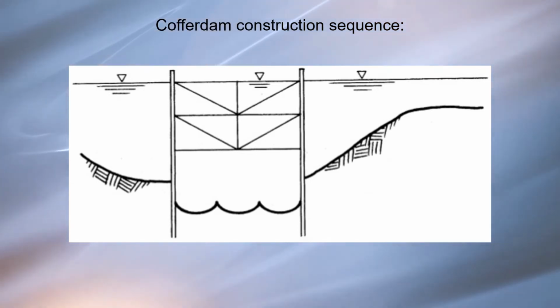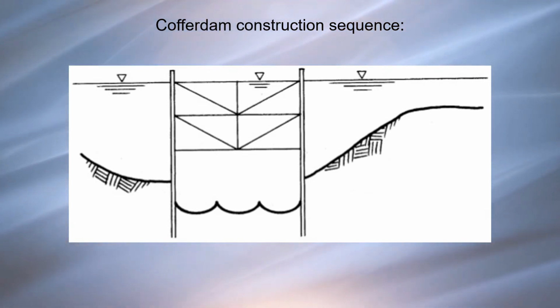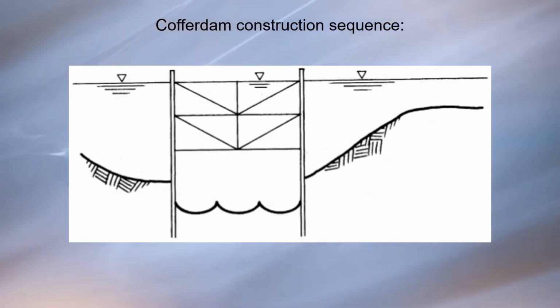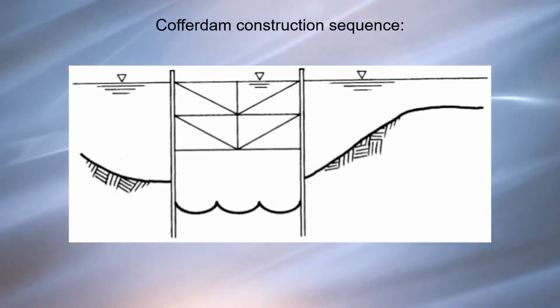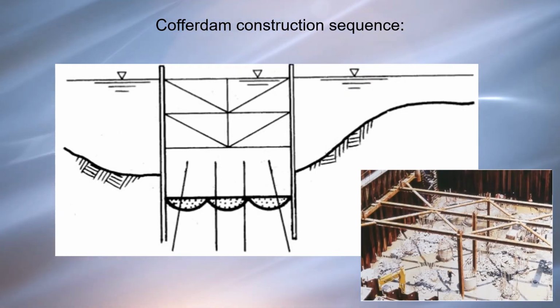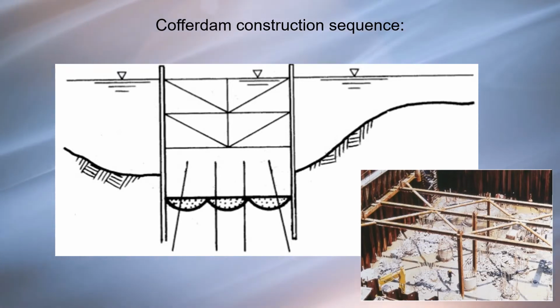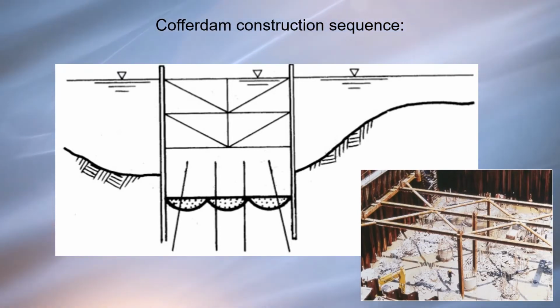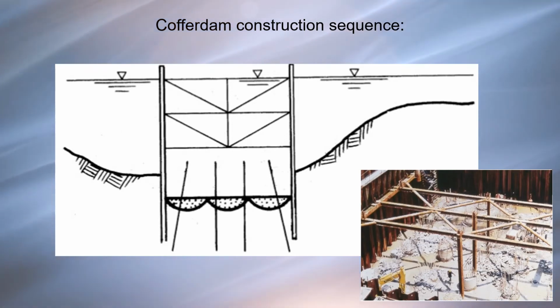Step 7. Excavate inside to grade or slightly below grade while leaving the cofferdam full of water. Step 8. Drive bearing pile. Step 9. Place rock fill as a leveling and support course.